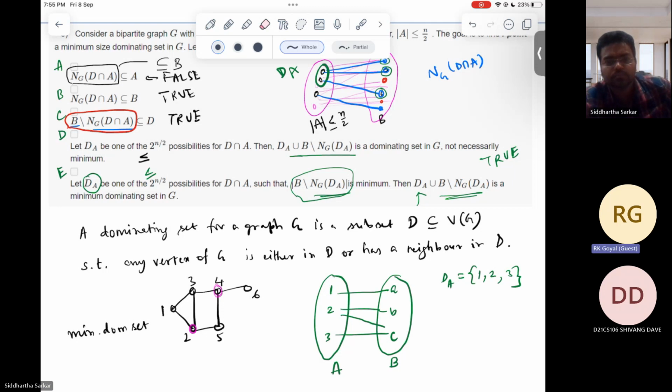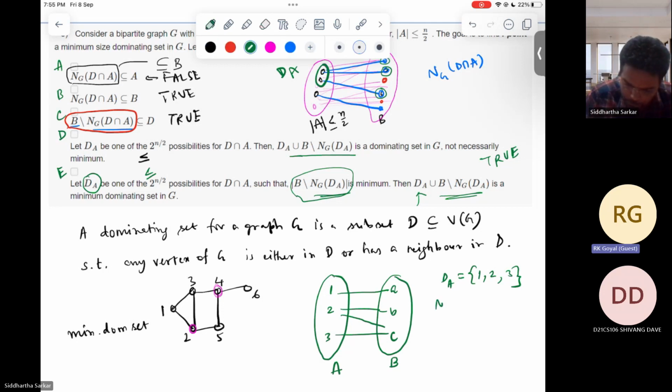Here dA is 1, 2, 3, and B minus this thing is all 0. So this thing is 0, which is minimum. Therefore the entire dominating set is equal to 1, 2, 3. So that's correct, this statement is true.